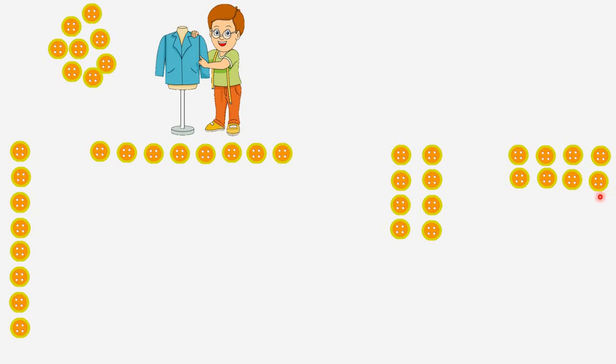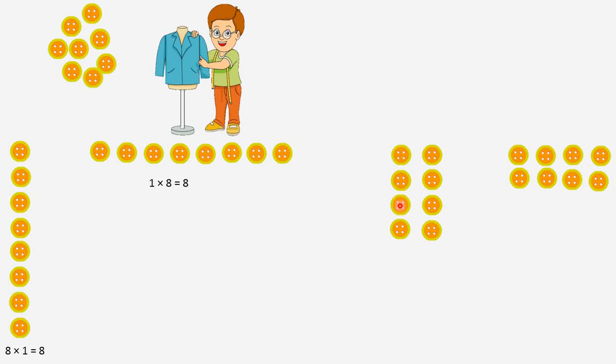Now kids, in the first scenario, he has arranged 8 buttons in one column. That means 8 times 1 will give you 8. Right. Now, in next scenario, he has made 8 columns of 1 button each. Right. So, you may write it as 1 times 8 is equal to 8.